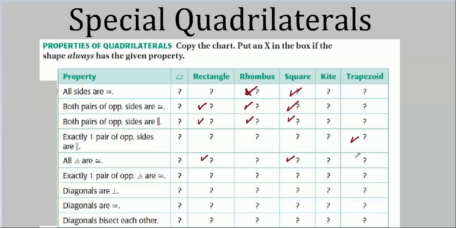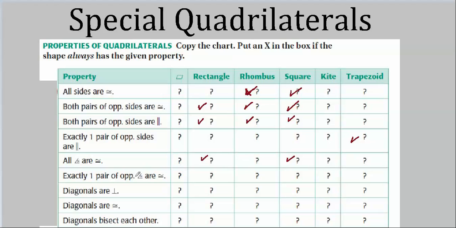In a trapezoid, we could have 2 base pairs in an isosceles trapezoid. Otherwise, we might not have any congruent angles. Rhombus? Again, we have opposite pairs of congruent angles, but they're not all congruent, so it looks to me like it's just the rectangle and the square.